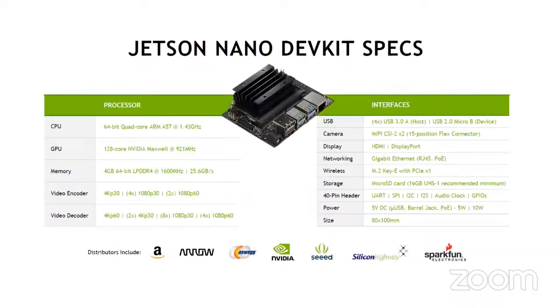There are two variants of Jetson Nano, one with 4 GB RAM and another with 2 GB RAM. The 2 GB one is less costly, and with the 4 GB Jetson Nano we can do many different types of projects.